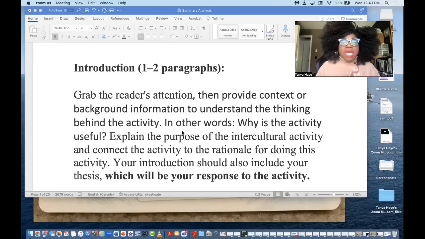Now, in the introduction, there are a few things you're trying to achieve. You're trying to grab the reader's attention. You're trying to provide enough context. You're trying to explain why the activity was useful. And at the very end of your introduction, you're going to write your thesis statement, which will be your response to the activity, as in how you felt about that activity.